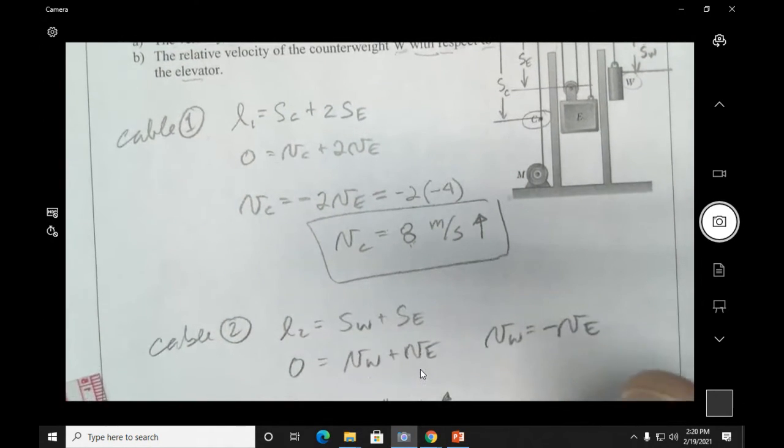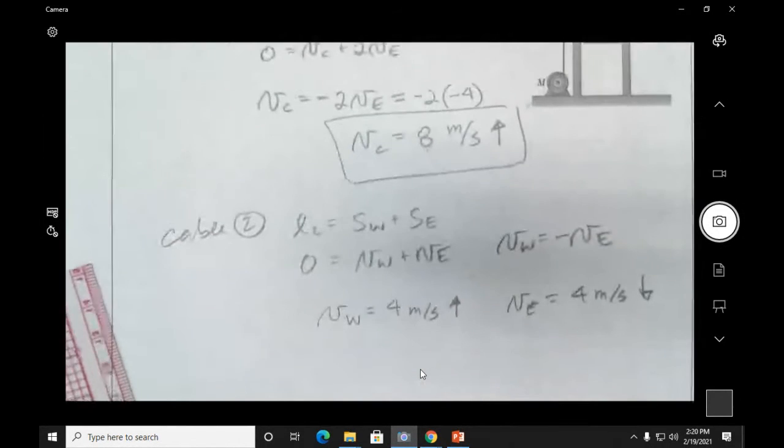So let's say the velocity of the elevator is 4 meters per second down.